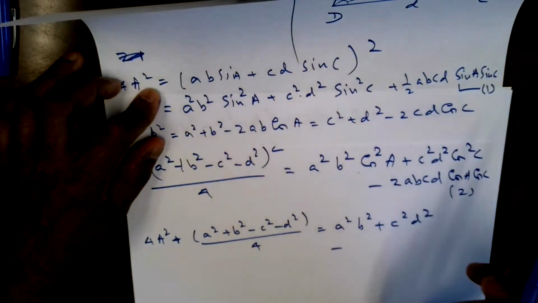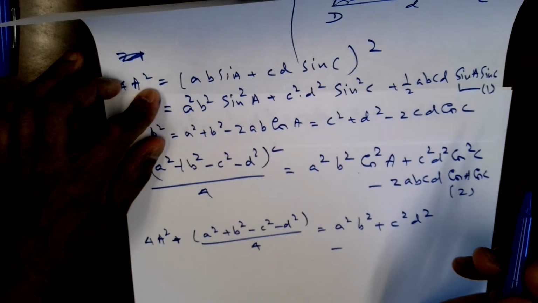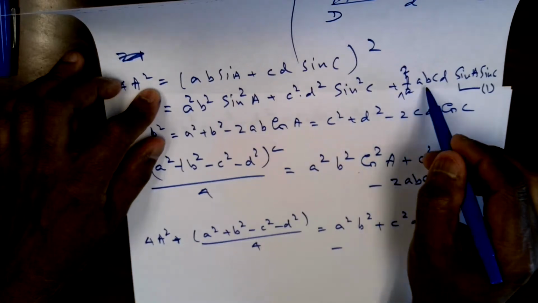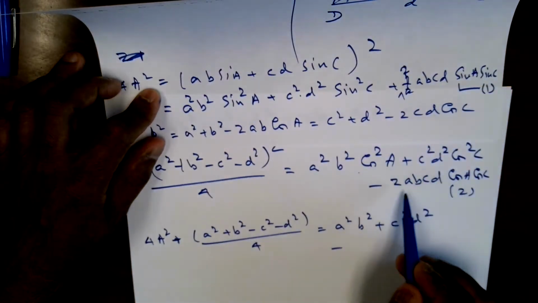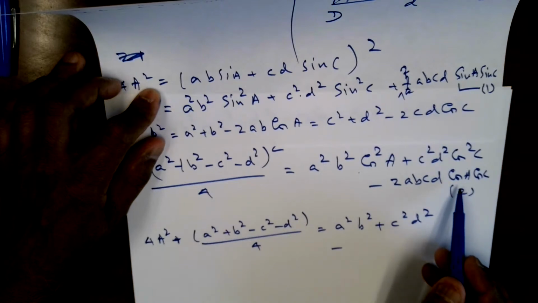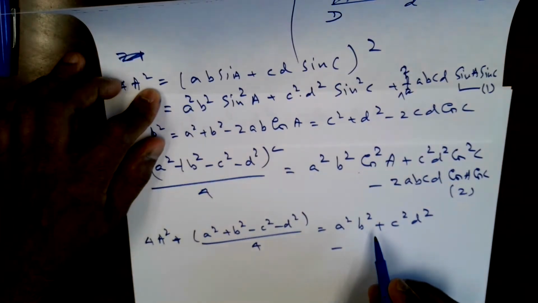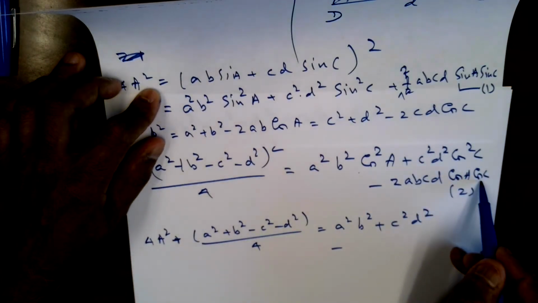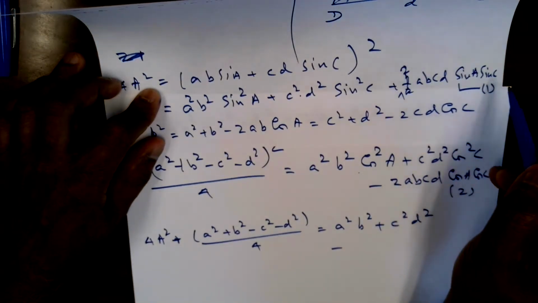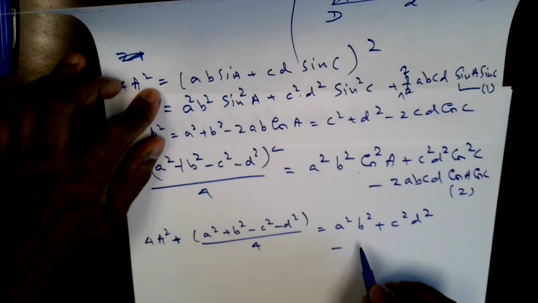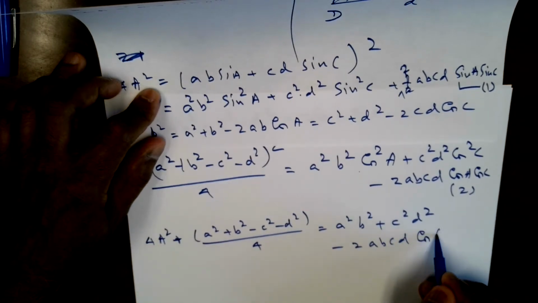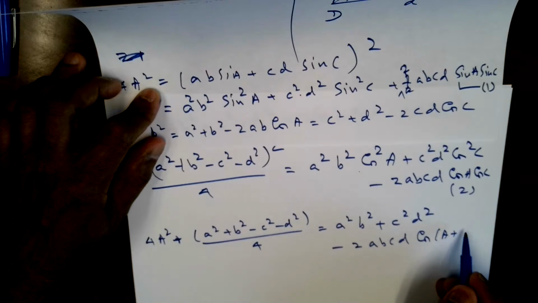Then you have, so this should be 2, not half, 2abcd sine a sine c minus cos a cos c. So that's going to be cos a plus c, because cos a cos c minus sine a sine c is cos a plus c with a minus sign. So that's 2abcd cos a plus c.